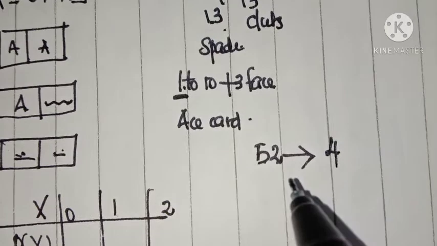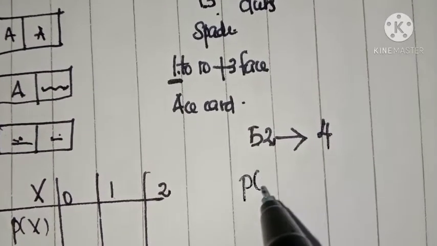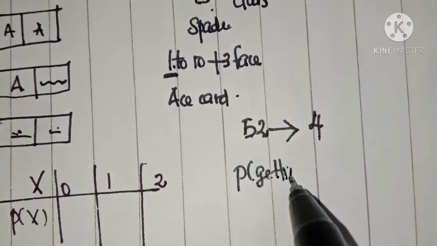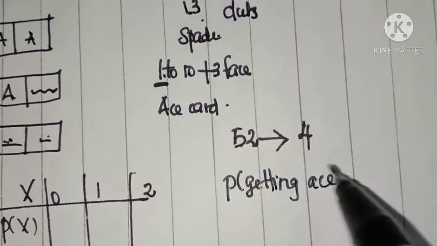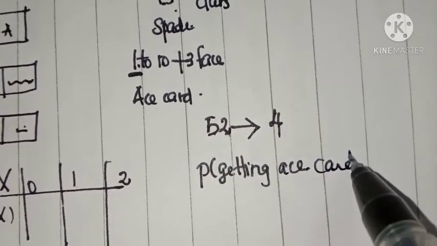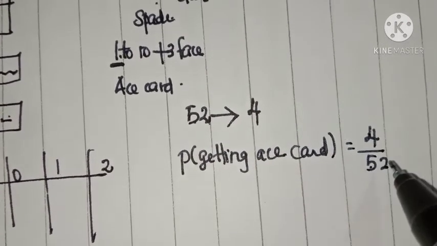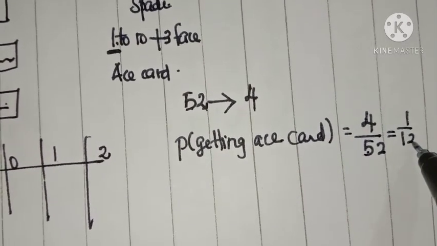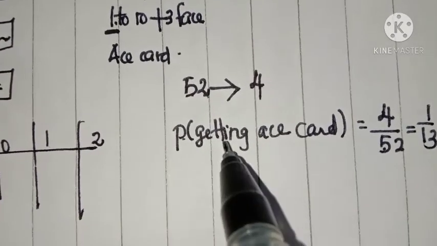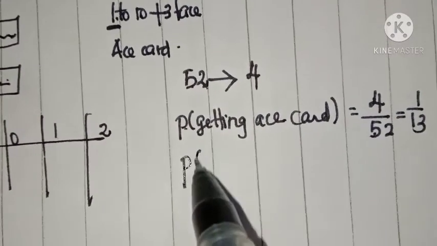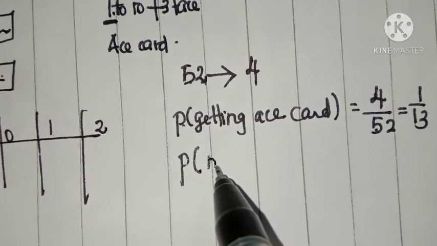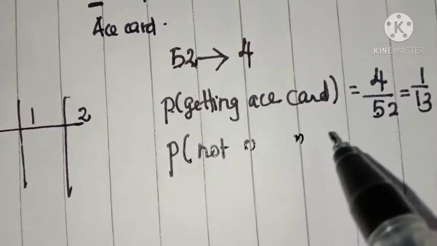The probability of getting an ace card is favorable number by total number, 4 by 52, that is 1 by 13. So what is the probability of not getting an ace card?